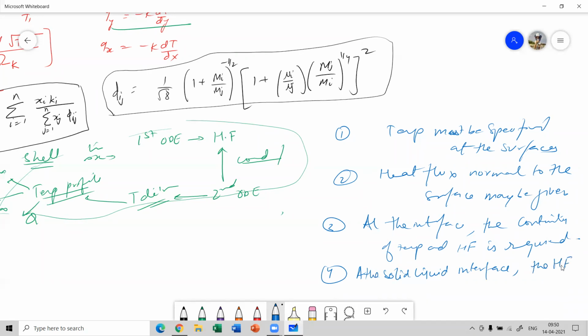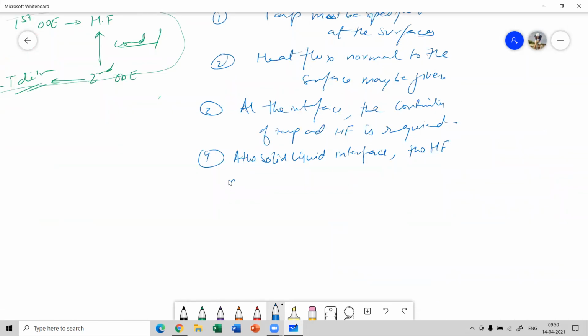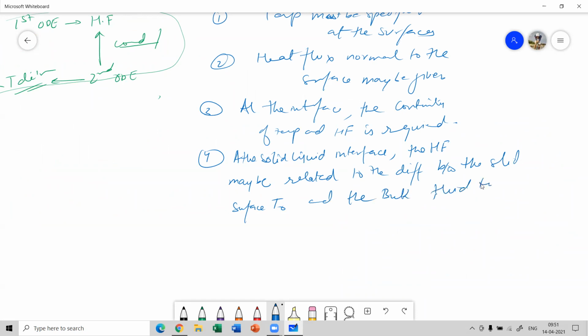The heat flux may be related to the difference between the solid surface temperature, that is T0, and the bulk fluid temperature, that is the surrounding temperature or the ambient conditions, that is Ts. So these are some common boundary conditions which we will be handling in the thermal case.